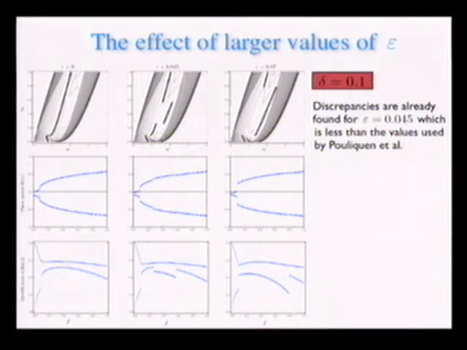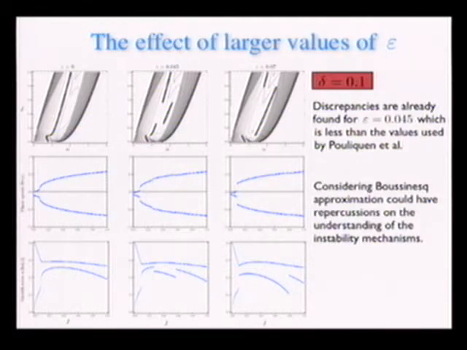In principle, here, since these instabilities have comparable strengths, you will probably see counter-propagating waves, the Holmboe waves. But in a lab, you could be seeing completely different wavelengths for them because of this discontinuity. And notice that this value is even less than the one used by Pouliquen.